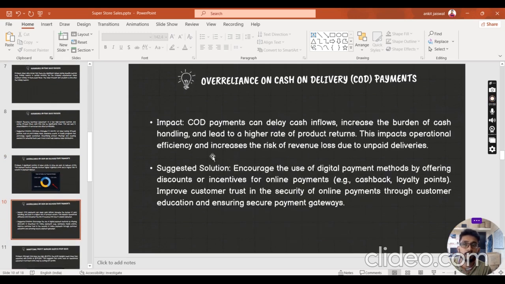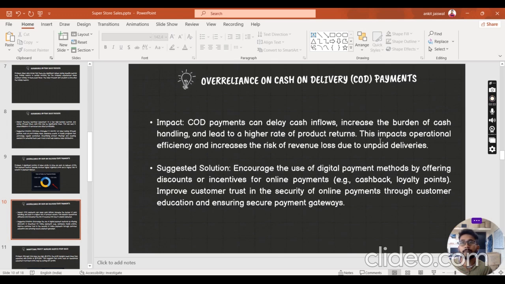Say you go to some person and he cancels the order and runs away. This could be many problems. COD can delay cash inflows, increase the burden of cash handling, and lead to a higher rate of product returns. So this impacts operational efficiency and increases the risk of revenue loss due to unpaid deliveries.